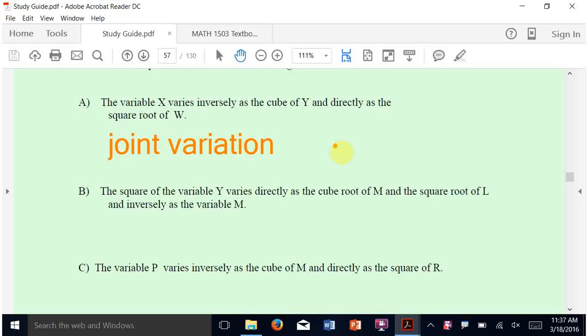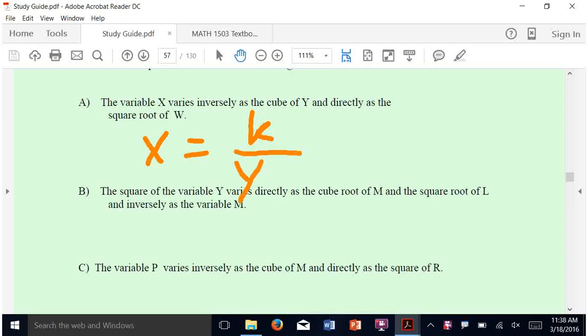So here in problem A, we have variable x varies inversely as the cube of y and directly as the square root of w.